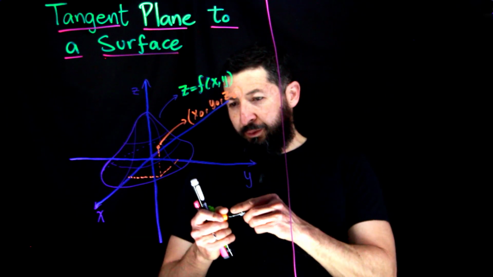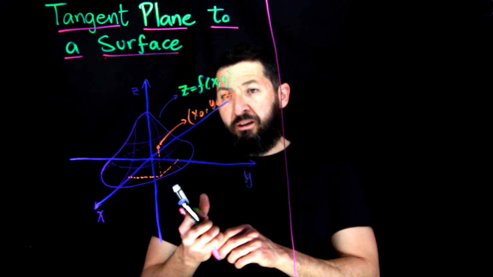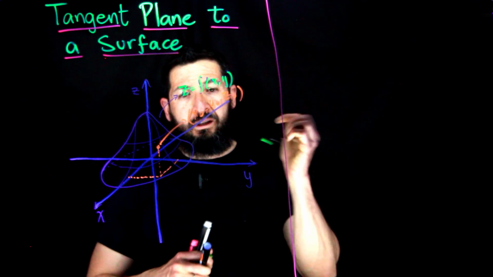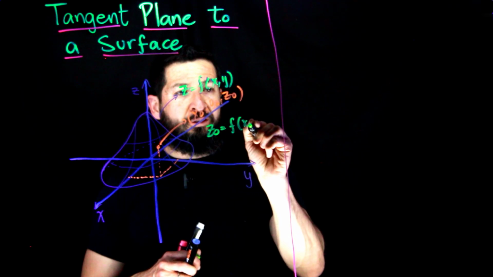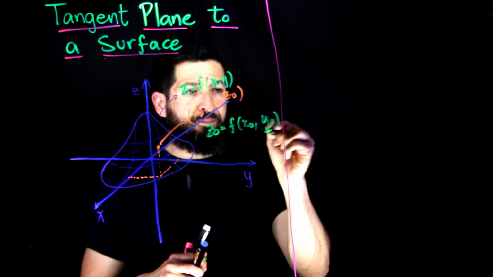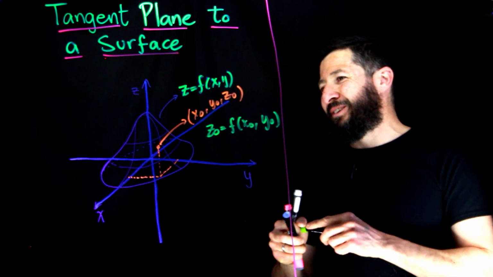And z naught, of course, because that point is on the surface, will be nothing but f of x naught, y naught.